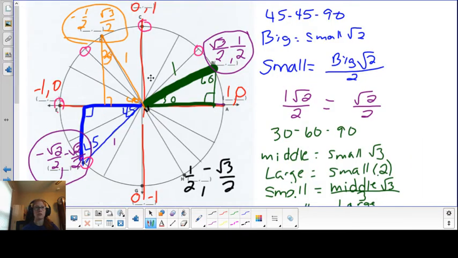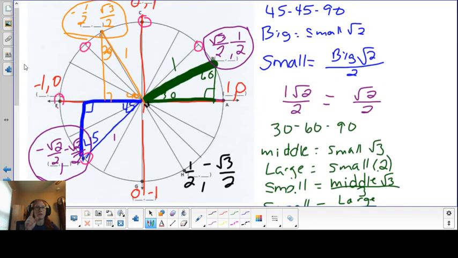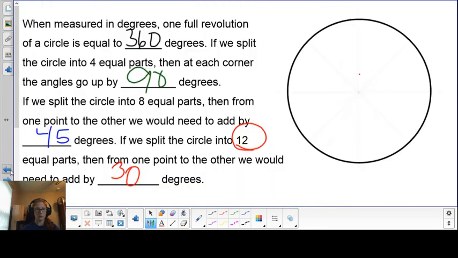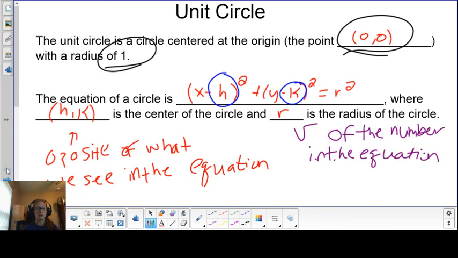We can split our circle evenly and create triangles. We can determine the sides of our triangles using either 45, 45, 90 or 30, 60, 90. We did division. We plugged things in and multiplied. We plugged things in and subtracted by 0. We can do this.